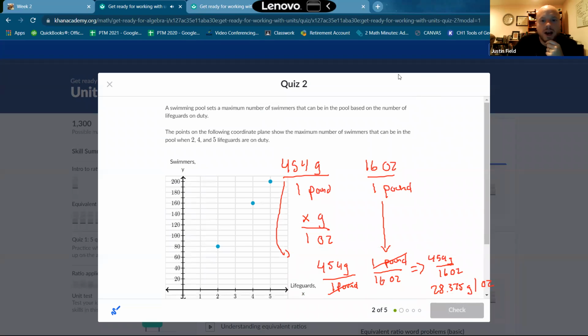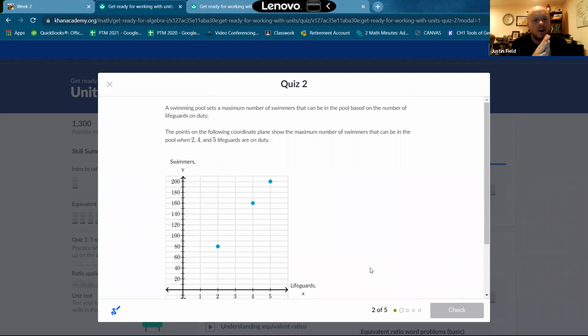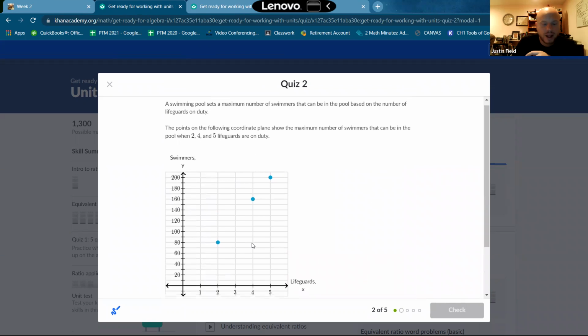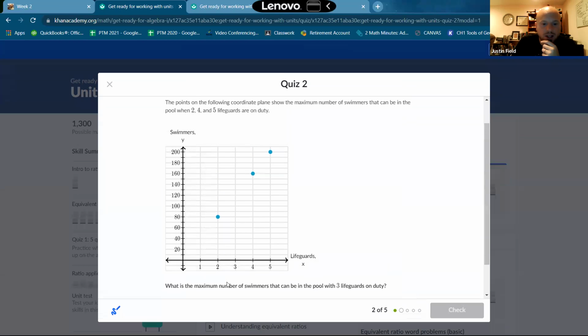Oh, a graph, look at that. Okay, a swimming pool sets a maximum number of swimmers that can be in the pool based on the number of lifeguards on duty. The points on the following coordinate plane show the maximum number of swimmers that can be in the pool when 2, 4, and 5 lifeguards are on duty. Aha! So we have to fill in the blank.